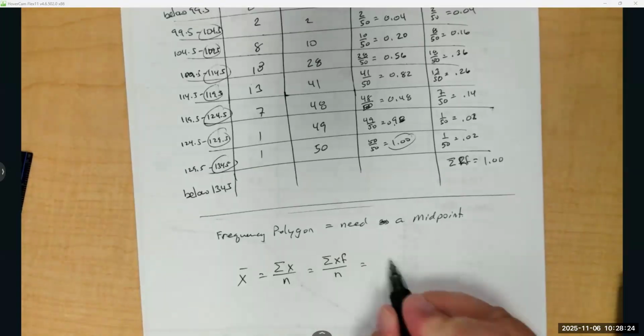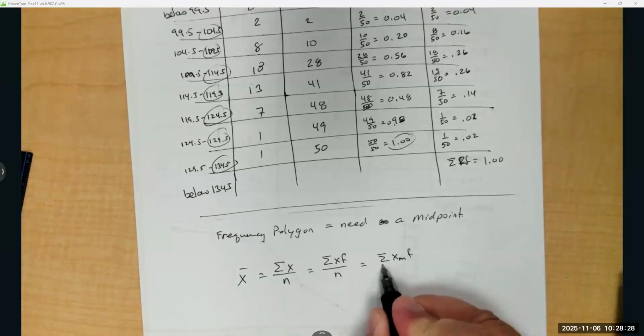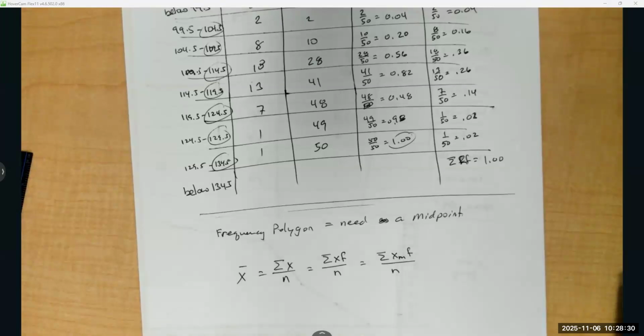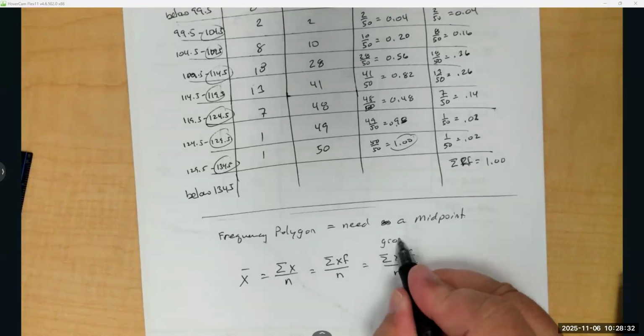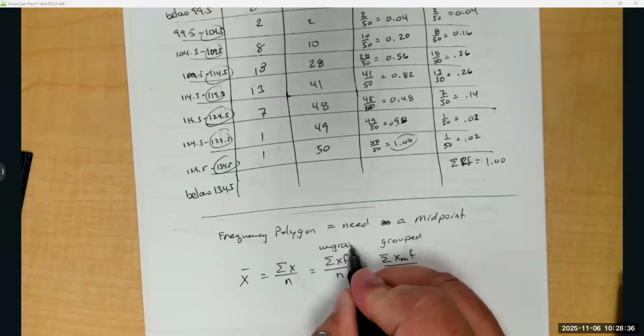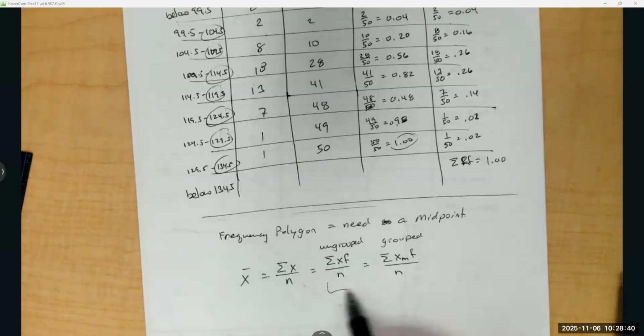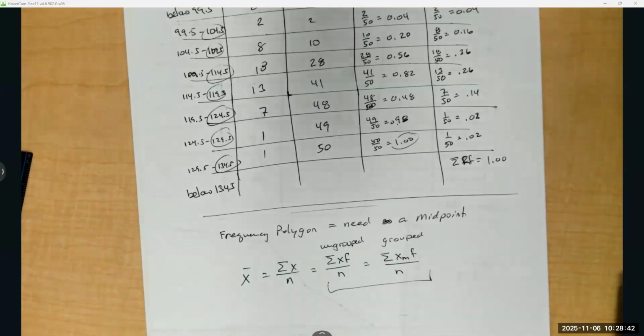Now, once we have intervals, take the midpoint times the frequency over N. So this is with grouped data. This is ungrouped. These are for when you have large groups of widespread data. These are if you have a small amount of data.